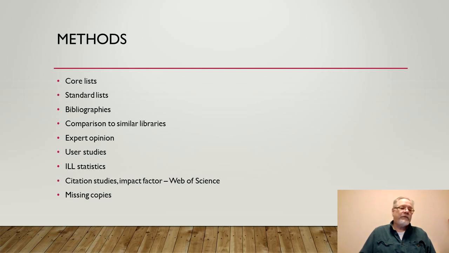You can use interlibrary loan statistics. What things are actually borrowed from the library? Maybe those are areas that you're weak in because they're being borrowed so much. A lot of libraries will share the interlibrary loan statistics with the selectors so they can see, is a particular area being asked for a lot that you would need to add to the collection.